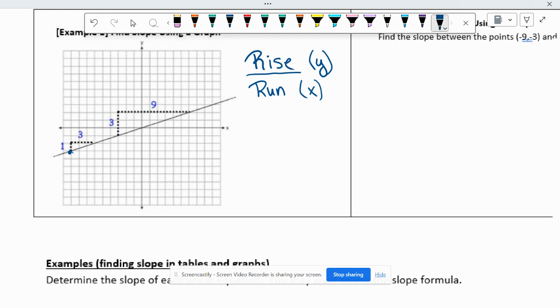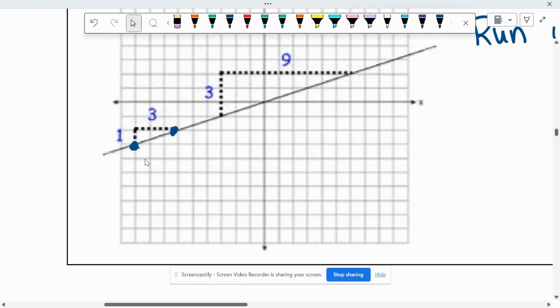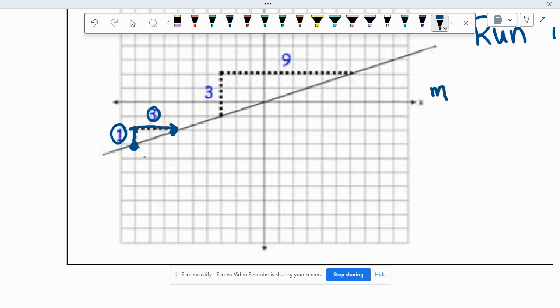So if I started at this point and went to this point, that's what this is showing you. My rise is 1 unit and my run is 3 units. So that means that my slope is rise 1 over 3.